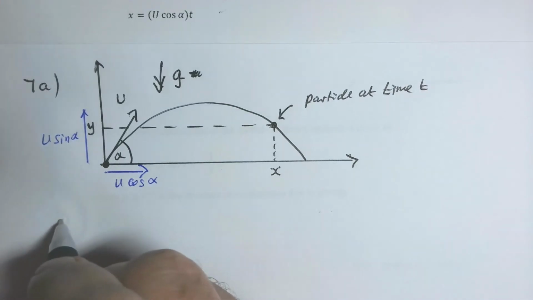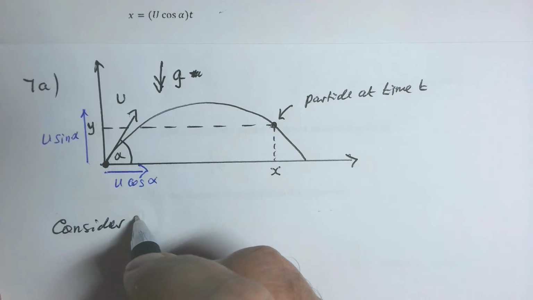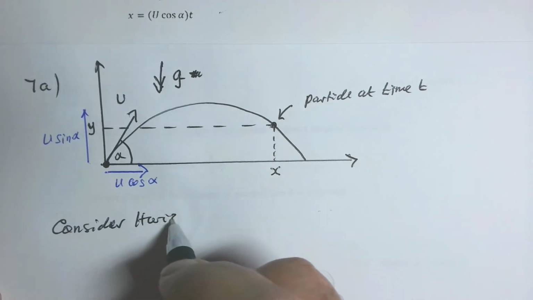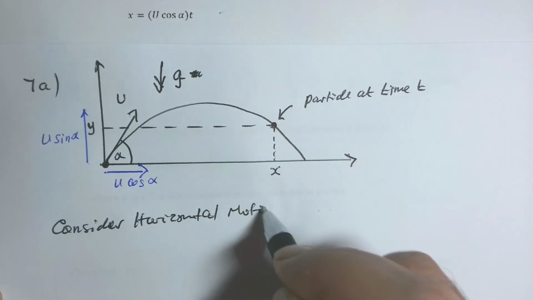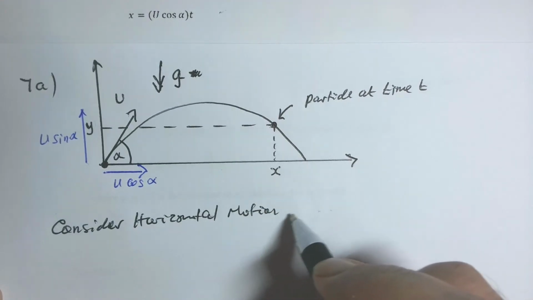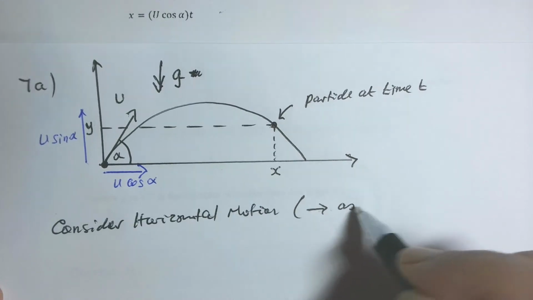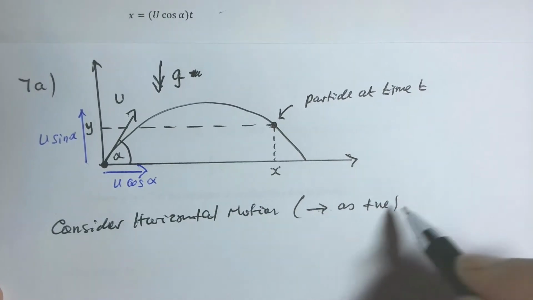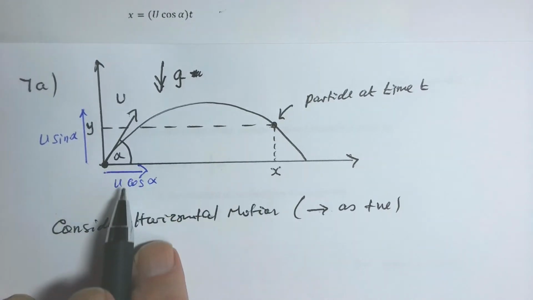So part one: where is it after a time t? Consider horizontal motion, and we're going to take the direction to the right as positive. What do we know?